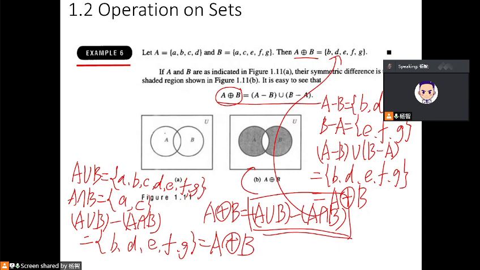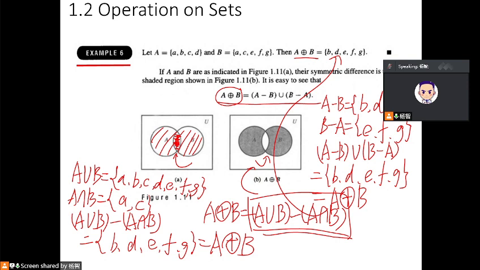That's all this part, the union of A and B, and this part is the intersection of A and B. Okay, so use this union part to minus the intersection part in the middle, and we get this answer.